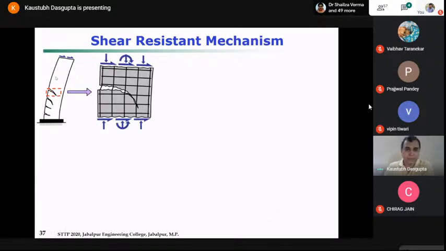So let us take a slender wall where the cracks have already occurred in concrete under tensile stresses due to the bending. And then if you zoom in at one level, this is how the crack has propagated inside the section. So this is the crack tip. So you have a small portion of the concrete which is under compression.